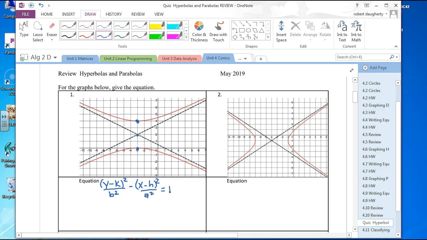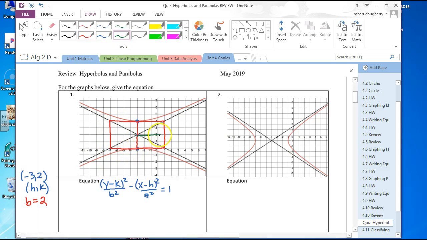It looks like this is centered at -3, 2. So that's h, k. It looks like the distance from the center to the vertex is 2, so I know that b is equal to 2. I just need to figure out what a is. If I construct this box, I go down till I get the intersection, over here till I get the intersection, and so forth.